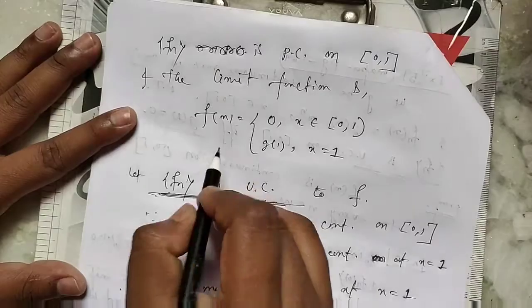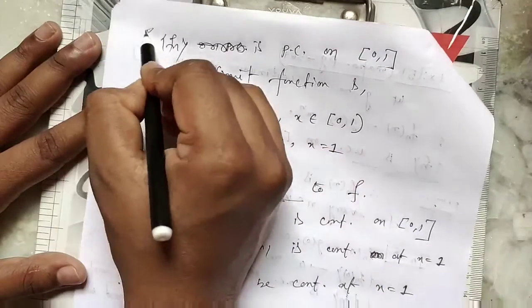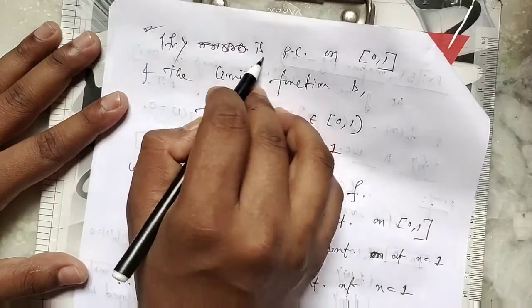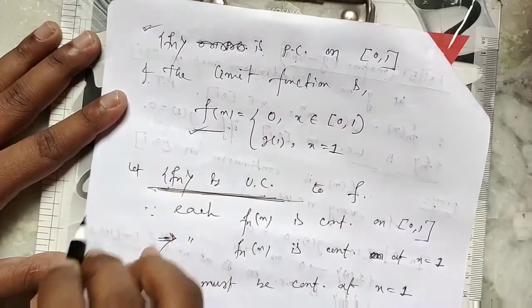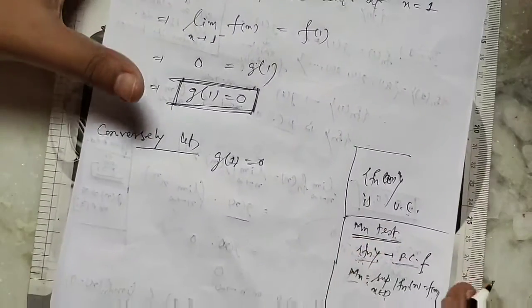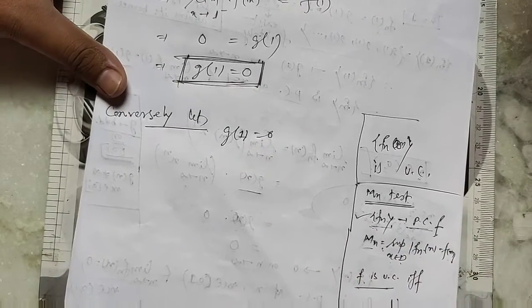So in the first part we found the pointwise limit. We found that the sequence of functions is pointwise convergent on [0,1], and the limit function is this. So this part is already done; this pointwise converges to f.